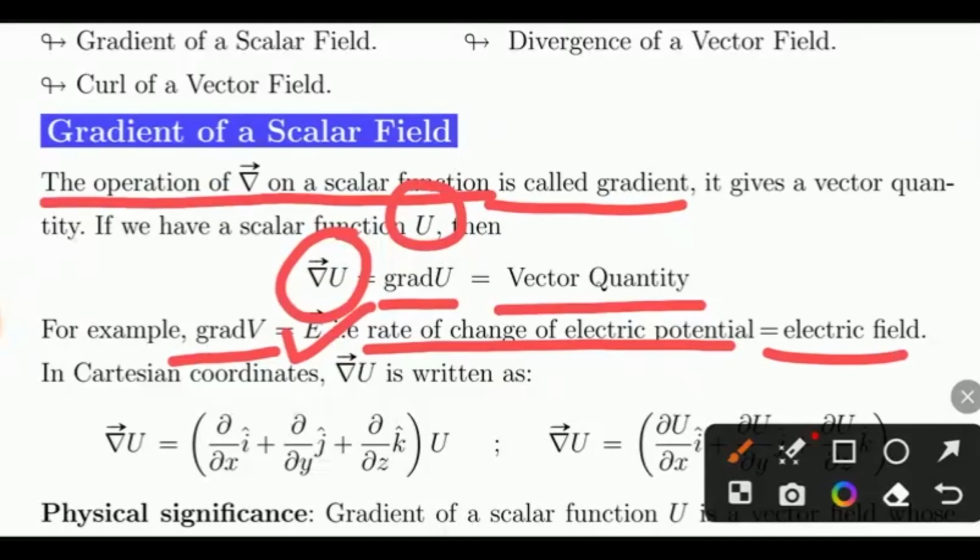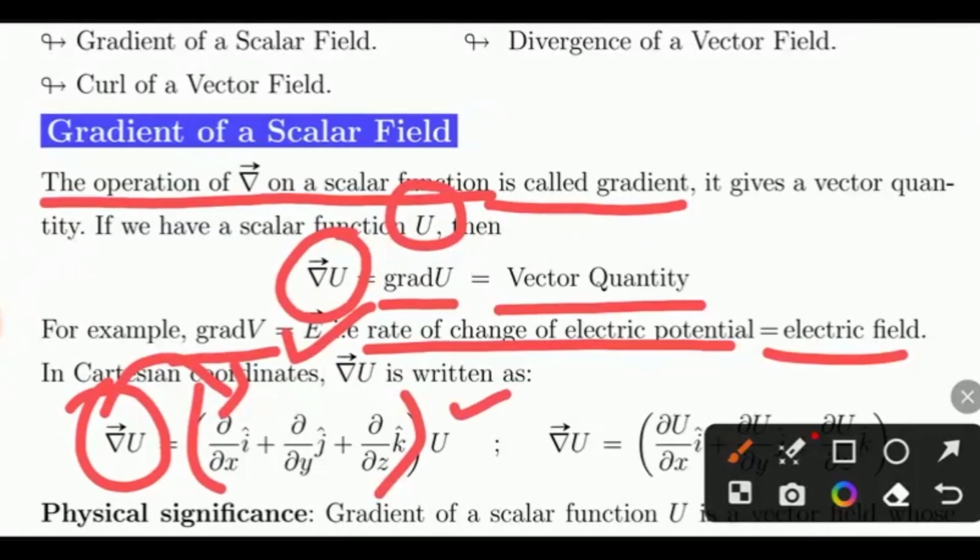The value of del from the above equation, we can write it over here, del of u. The first bracket is the value of del: partial over partial x times i plus partial over partial y times j plus partial over partial z times k, and here is u, the scalar function.